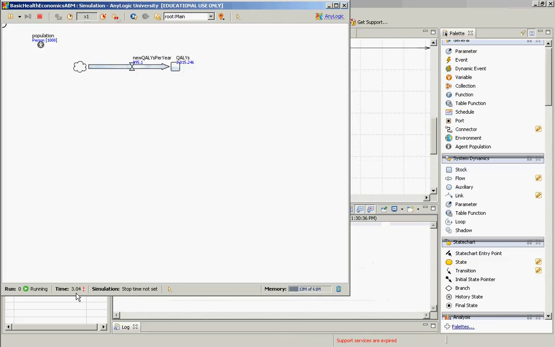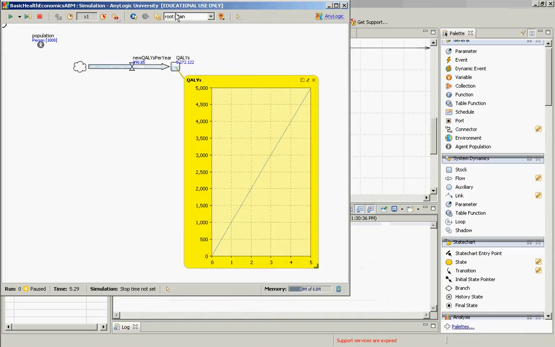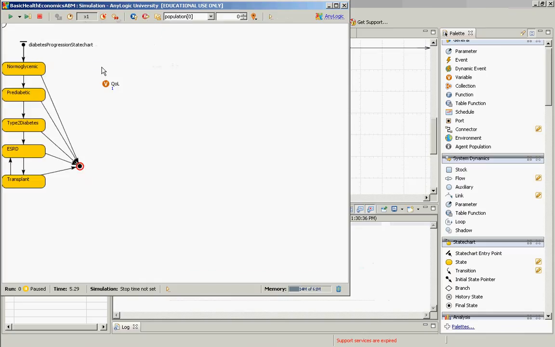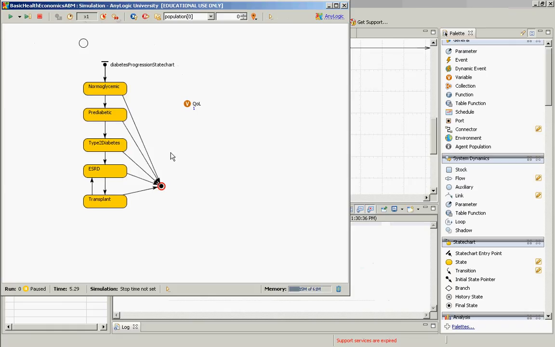So at year 2.78, say, let's stop time for a minute. By year 5.29, we've had 5,272 quality adjusted life years lived, and within the population, we have some people who have died, such as this first member. Some people who remain normal glycemic here.